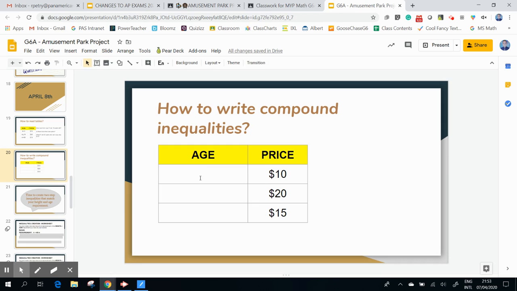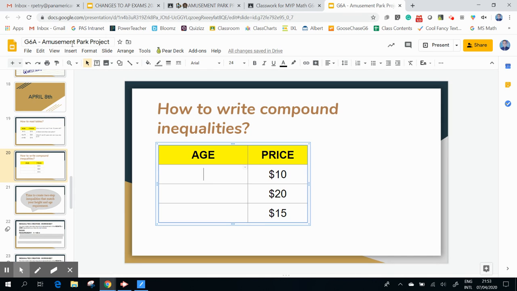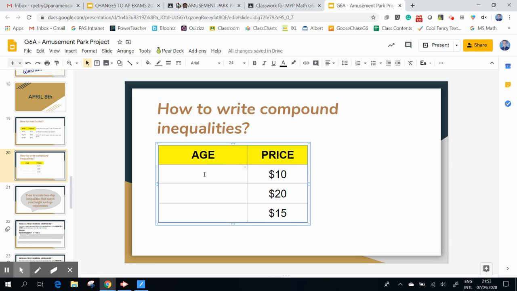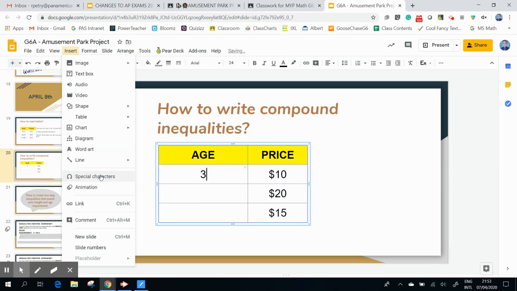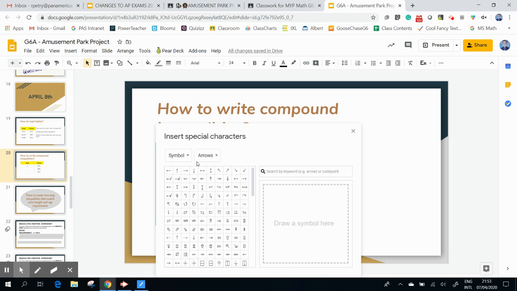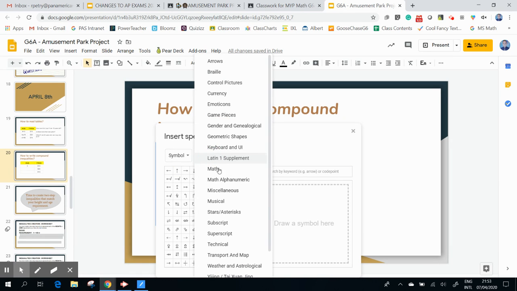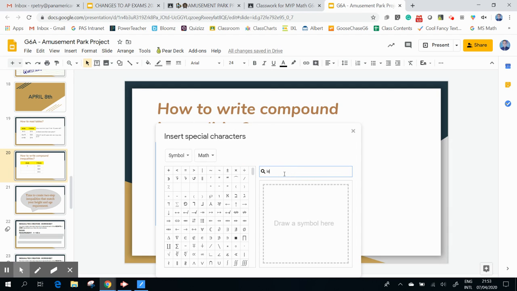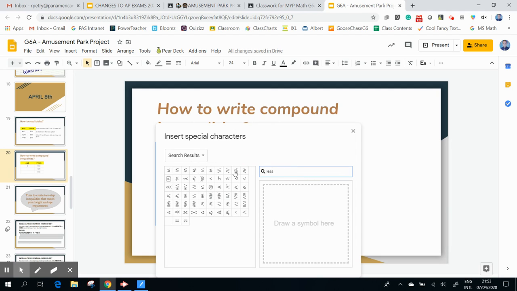Now, how do I convert this to a sheet or to a slide or to a doc? That's simple. Well, I can use here, so 3. Then I go to insert, special characters. I go to symbol, math, and I can write here "less" to search. When I search "less," the first symbol will appear.